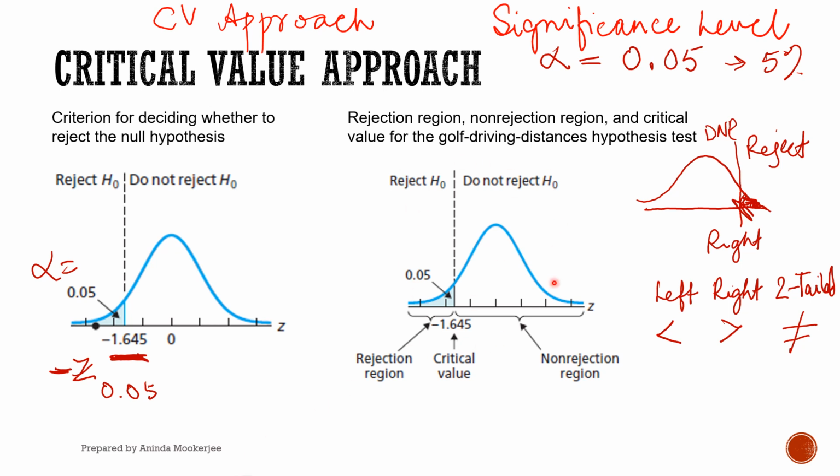So let's quickly run through this diagram. It says rejection region, non-rejection region, and critical value of a certain hypothesis test. We have the rejection region on the left-hand side, and on the right-hand side the do not reject null hypothesis region. The value which creates the cutoff between them is negative 1.645, which is negative z of alpha.